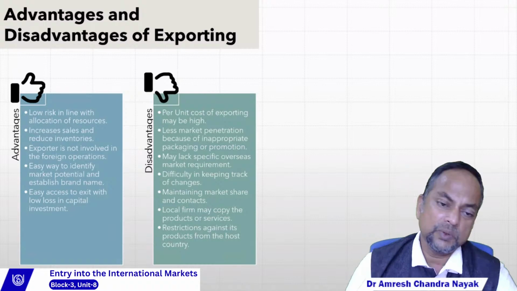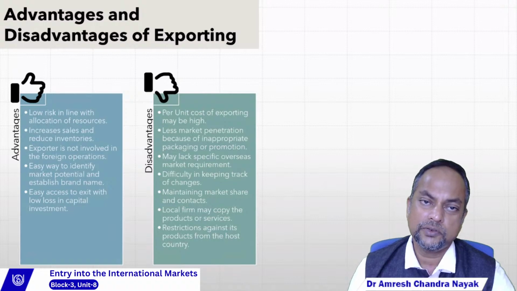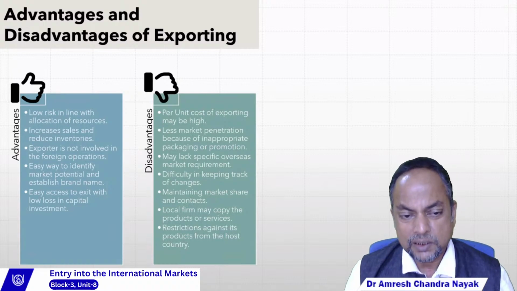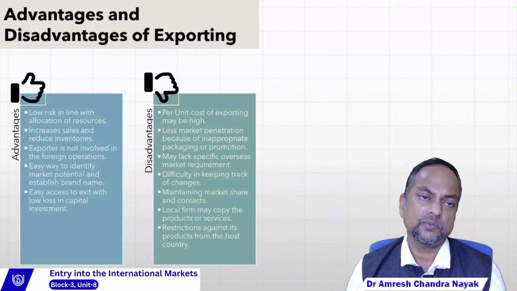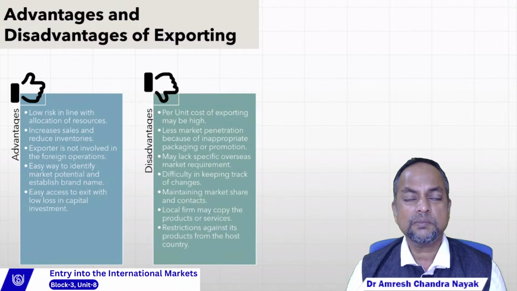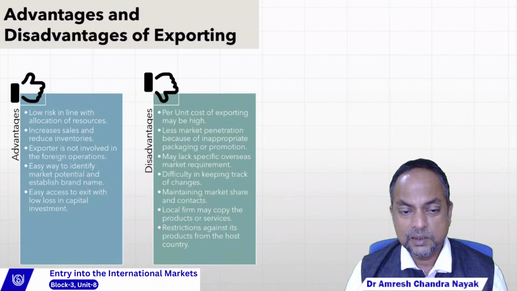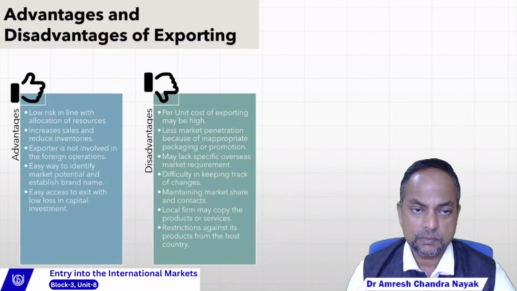We are talking about the fact that there is always a threat of copyright and patent issues. Some or other local firms may have copyrights, but sometimes they copy the product features and launch their own product.